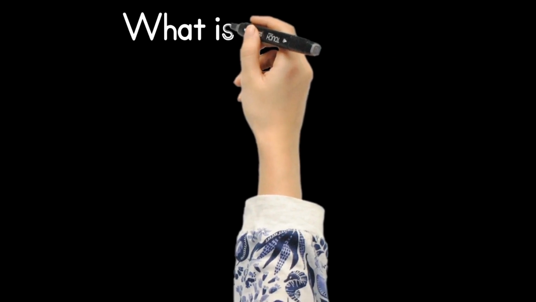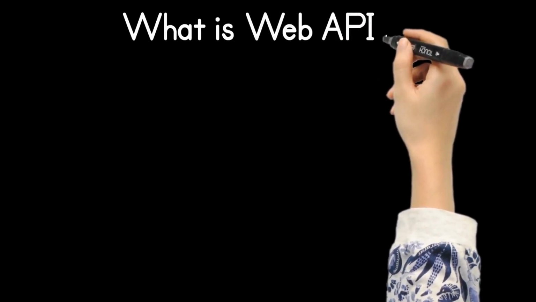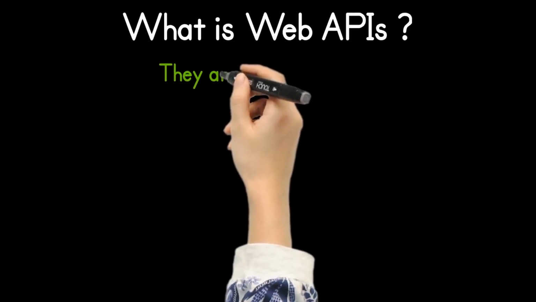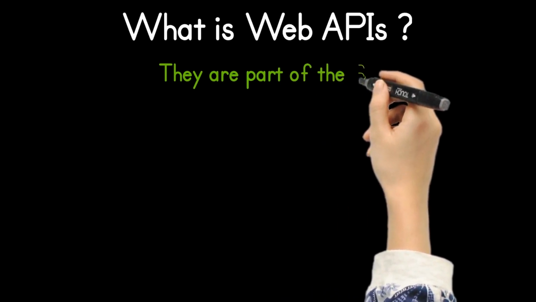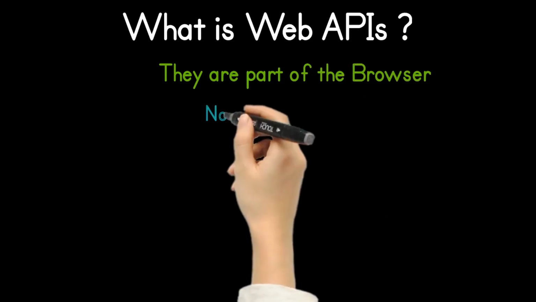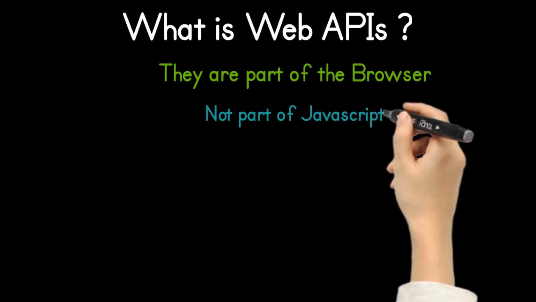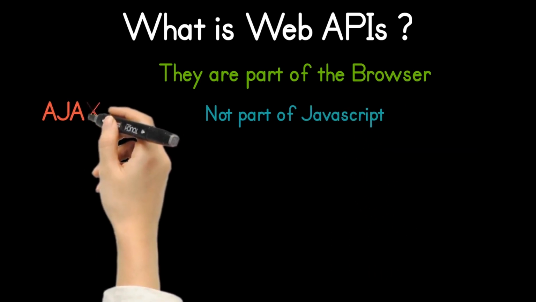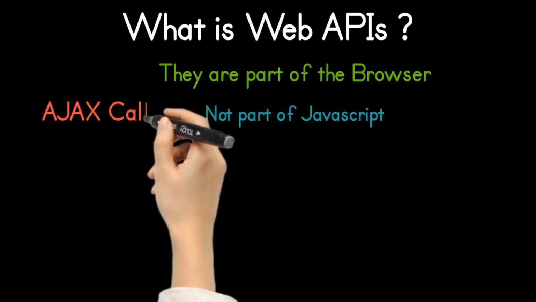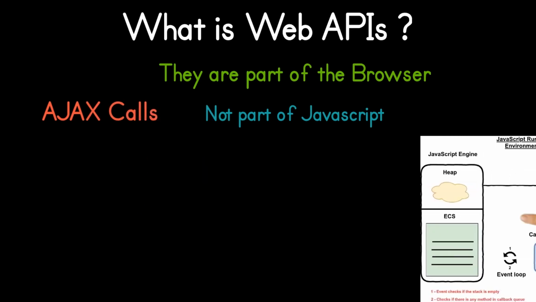Now guys, we will be discussing web APIs. They are part of the browser, whichever browser you are using, Firefox, Chrome. They are not part of the base JavaScript language. They are provided as a special part by the browser.